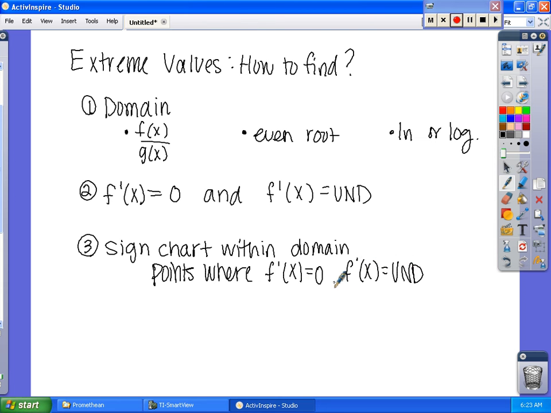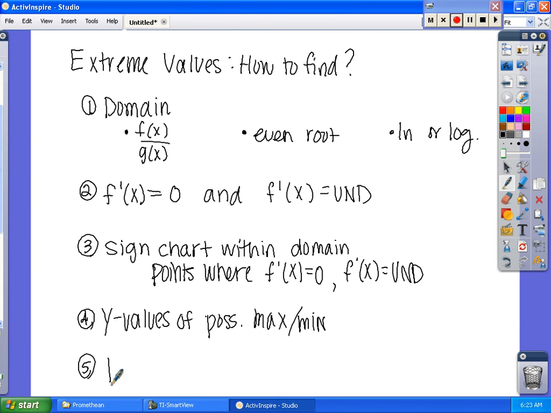And then 4, we look at the y values of possible maxes and mins based off of our sign chart. And then 5, we figure out what they are, and we figure out if they're local or absolute.